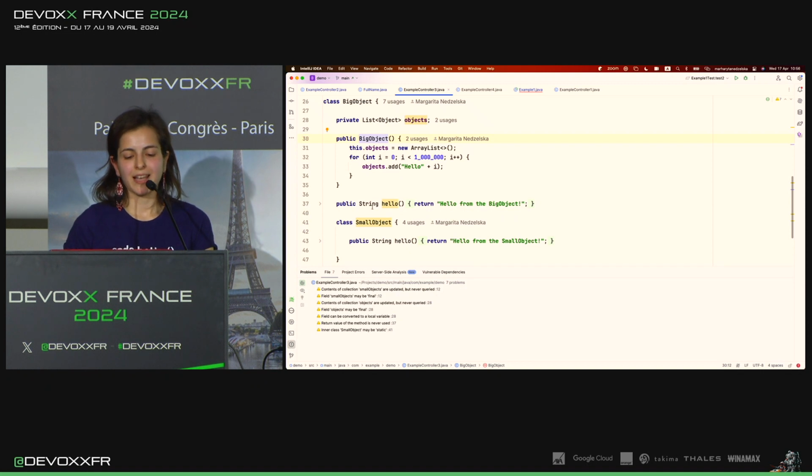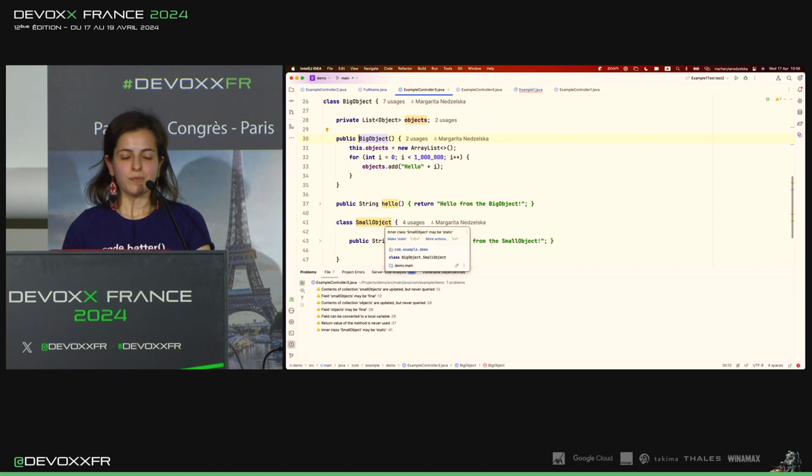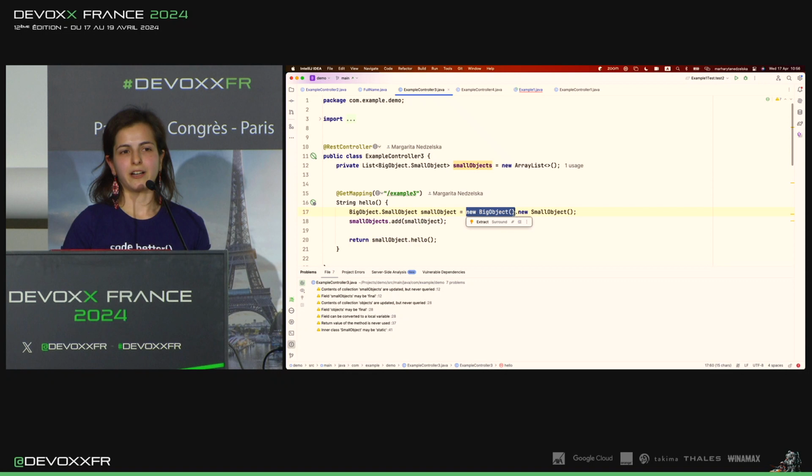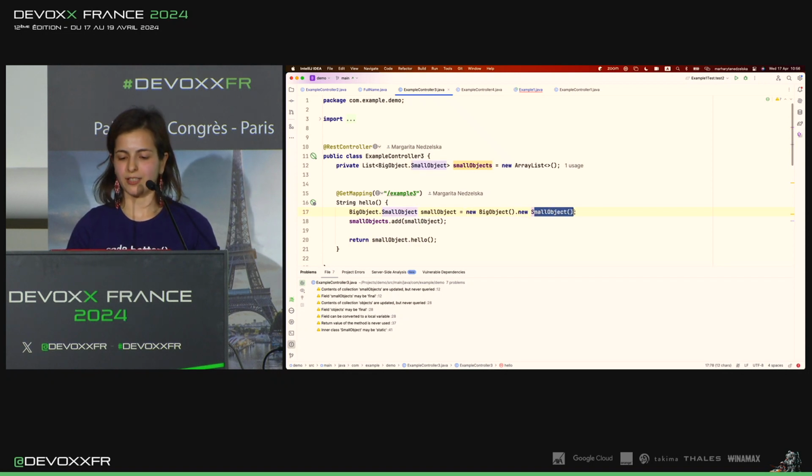Why? Because class SmallObject is a non-static class inside BigObject, which means that it actually has a reference to the instance of BigObject. And while you think that because you just called the constructor here, BigObject will be garbage collected, it won't be garbage collected because the SmallObject keeps a reference to BigObject, and we put the small objects somewhere in the list.